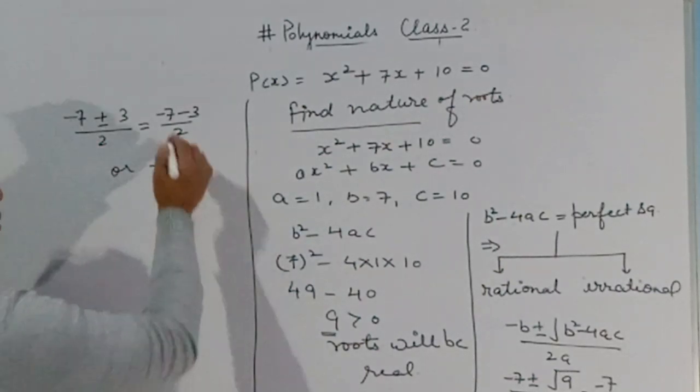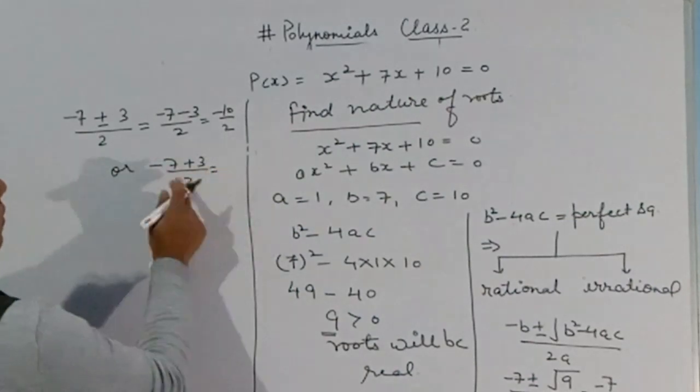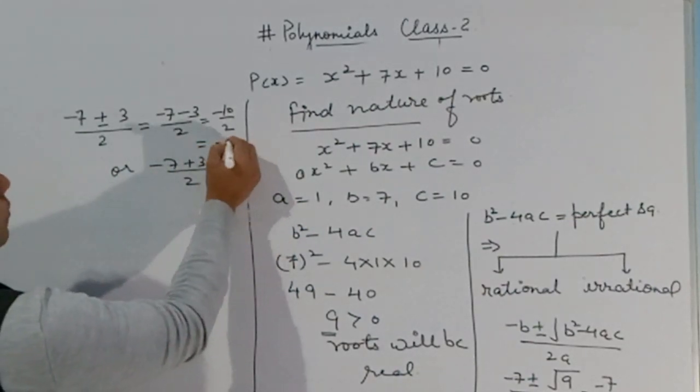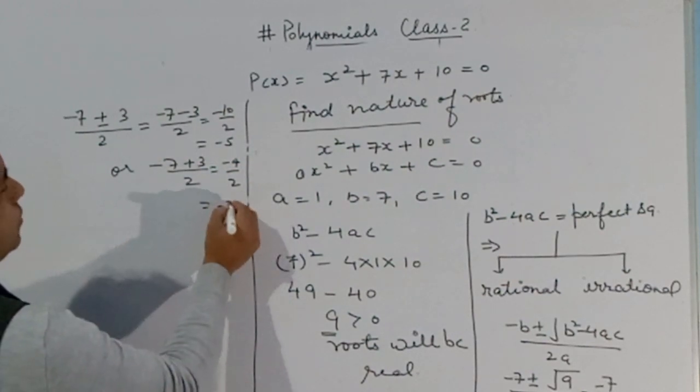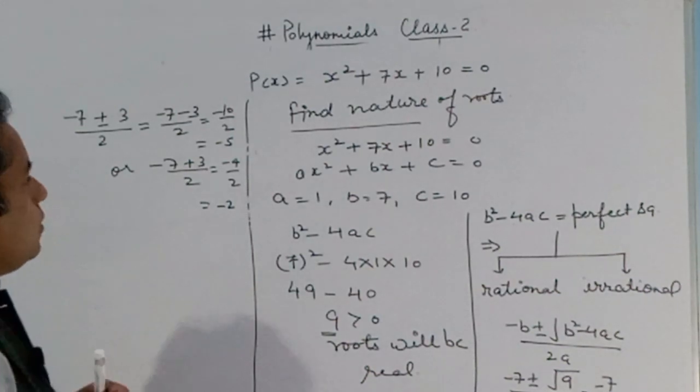Here minus 10 upon 2, or minus 4 upon 2. So it is minus 5, or minus 2. These are the two roots.